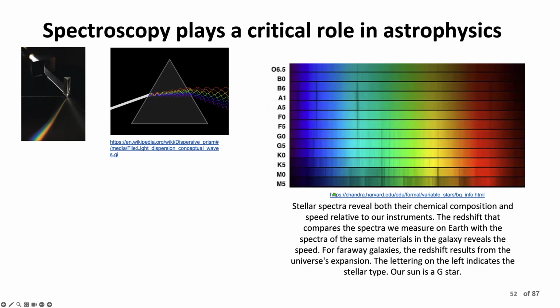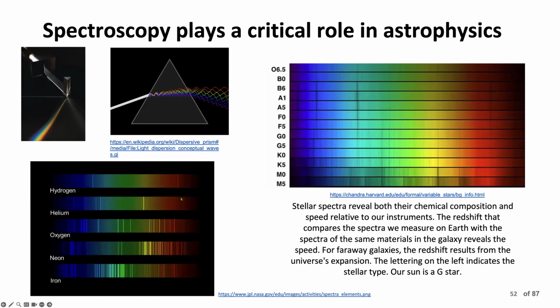Our sun is a G star, and it has a variety of chemicals in its outermost surface that absorbs light and re-radiates light.